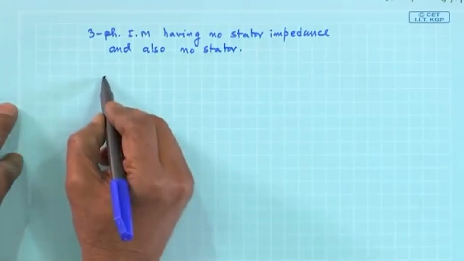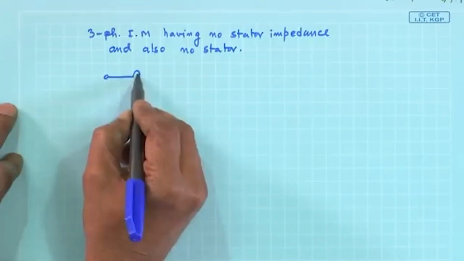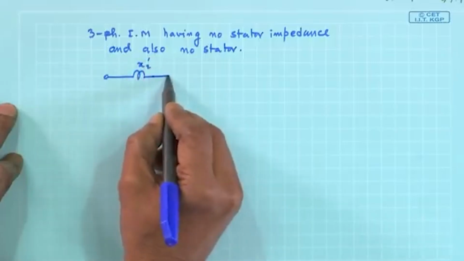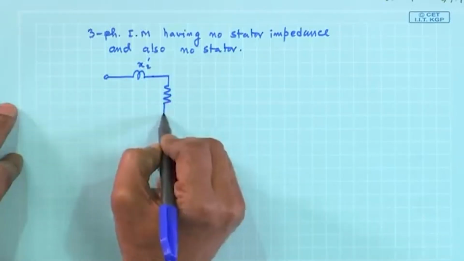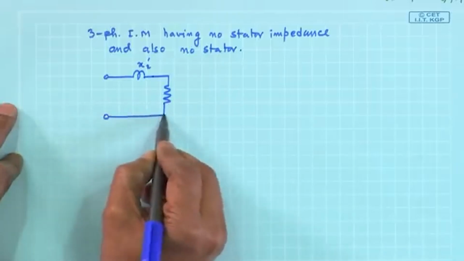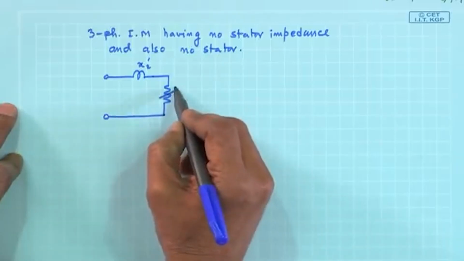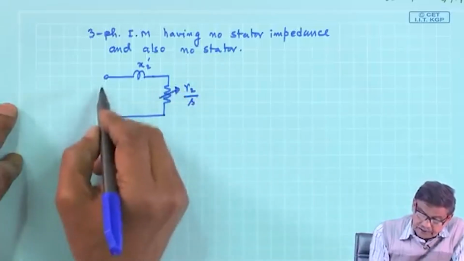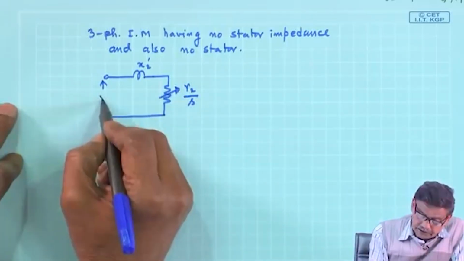So the equivalent circuit is like this, x 2 dashed, and r 2 dashed by s at any slip s, and this is the per phase applied voltage.